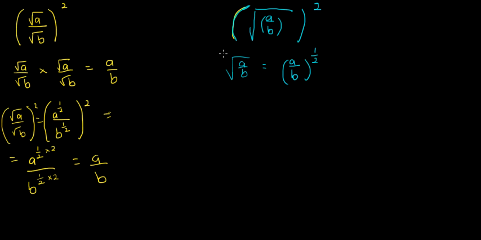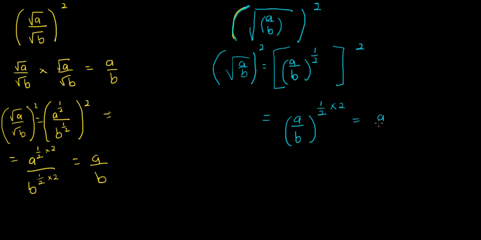So if I ask you to square the square root of a over b entirely, I'll be asking you to square this value on the right as well. To make my math easier, all I have to do is multiply the 2 here by the half. So I'd have a over b entirely raised to the power half times 2, which is a over b raised to the power 1, which is indeed a over b.